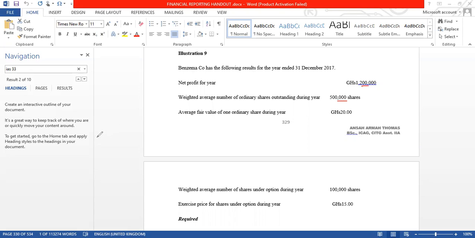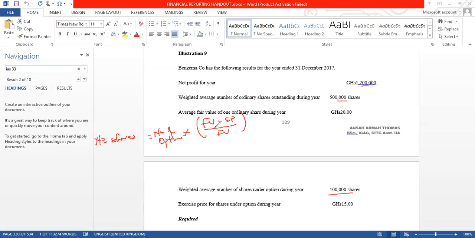So the number of shares here, if you are working on the dilution on the number of shares, what is going to happen is that we can just use the number of option shares multiplied by fair value less exercise price, all over fair value.